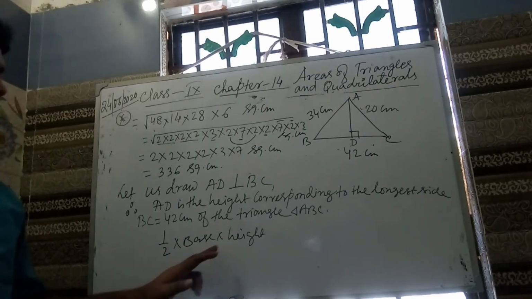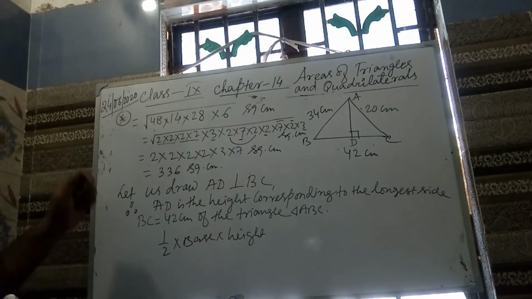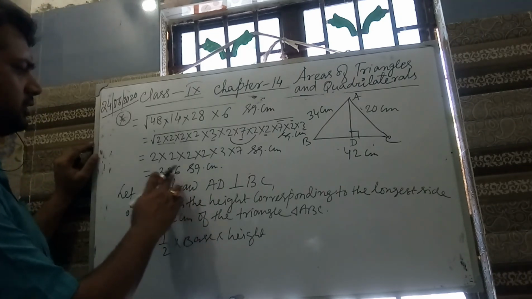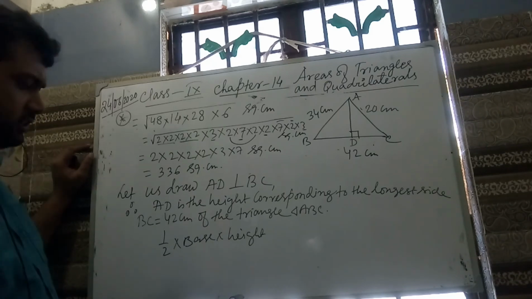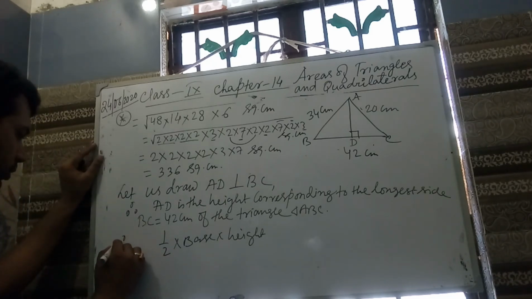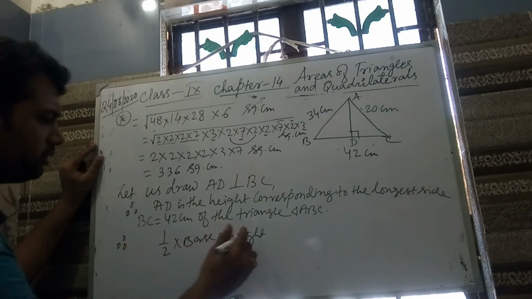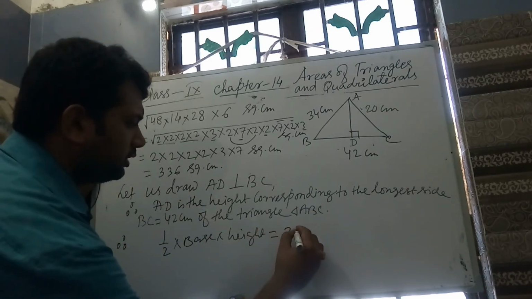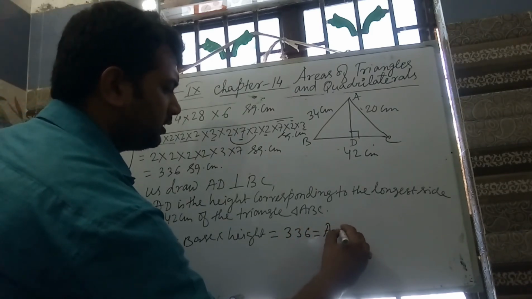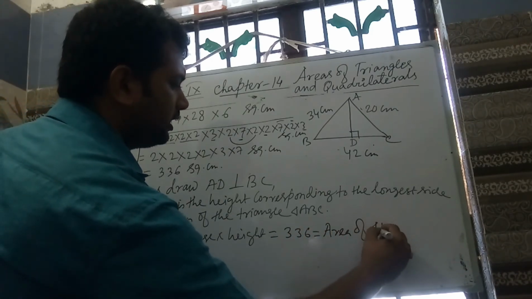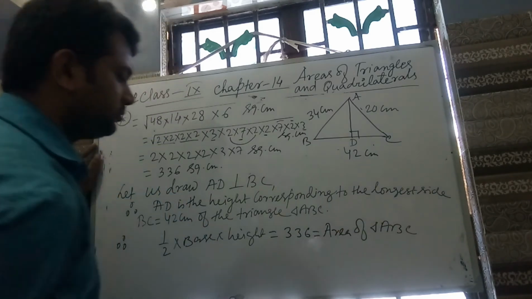So half base into height and this area 336 square centimeter must match. So write down, therefore, half base into height equal to 336 equal to area of triangle ABC.